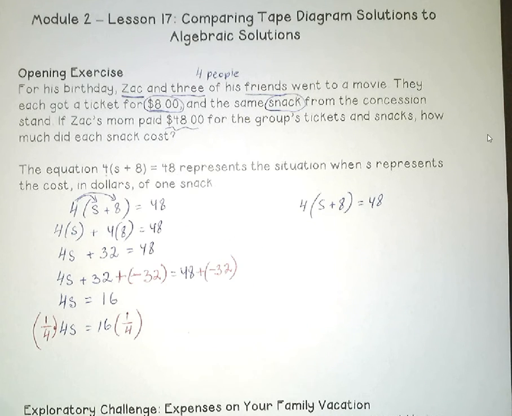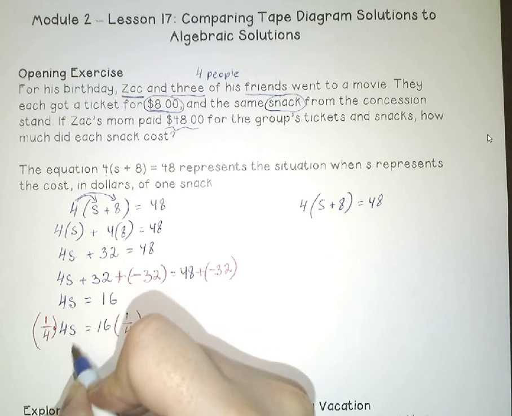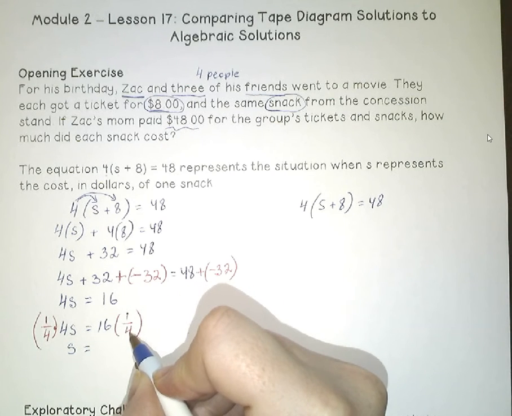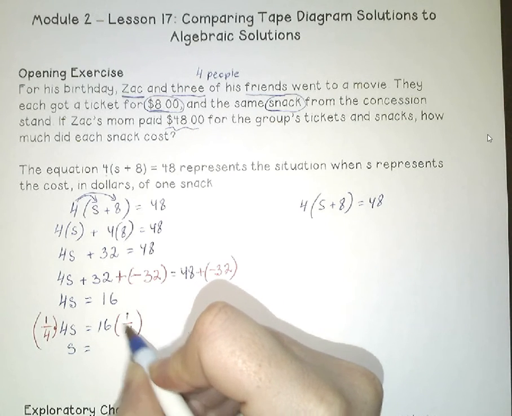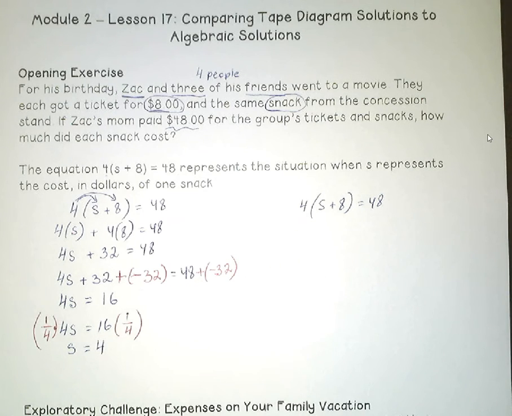When I do that, 4 and 4 get simplified, and you will have 1S left. S equals, and 16 and 4 can get simplified, and you will have only 4 left. S equals 4, so it means that the snack costs $4.